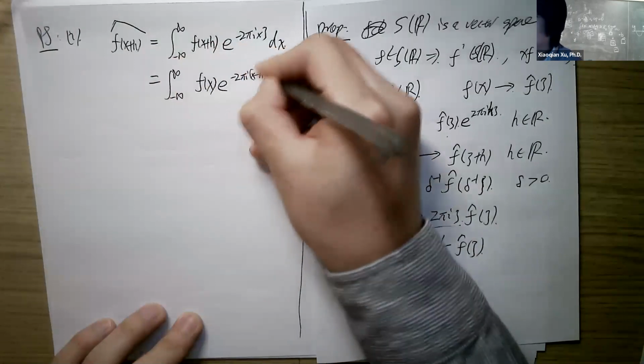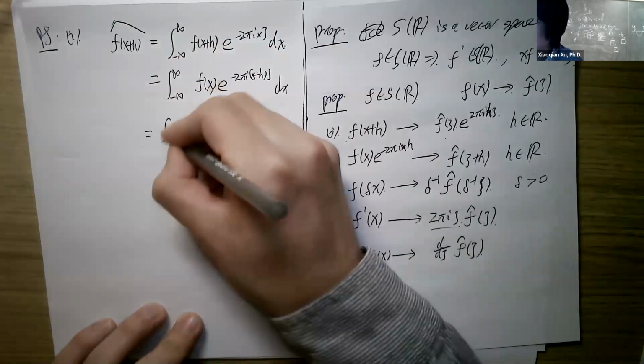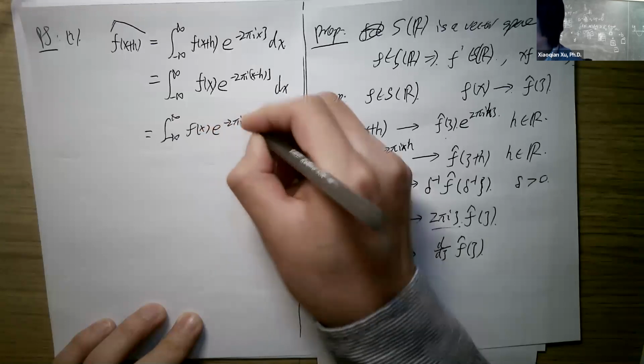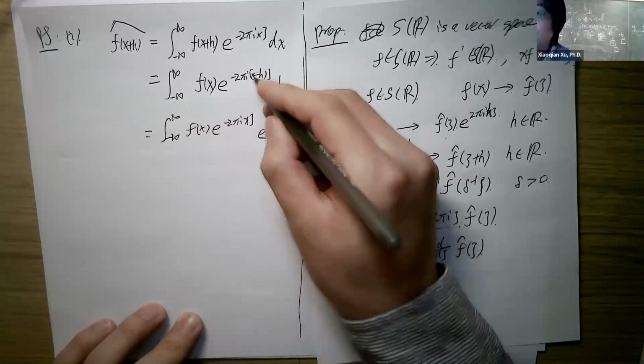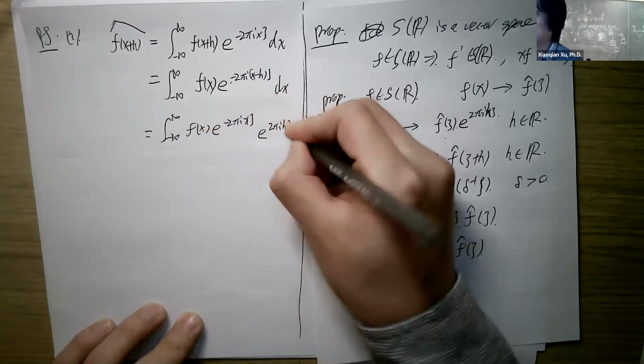c dx. Okay? So now it is the integral from minus infinity to infinity of f(x) e to the minus 2 pi i x c times e to the minus h times minus 2 pi i h c dx.